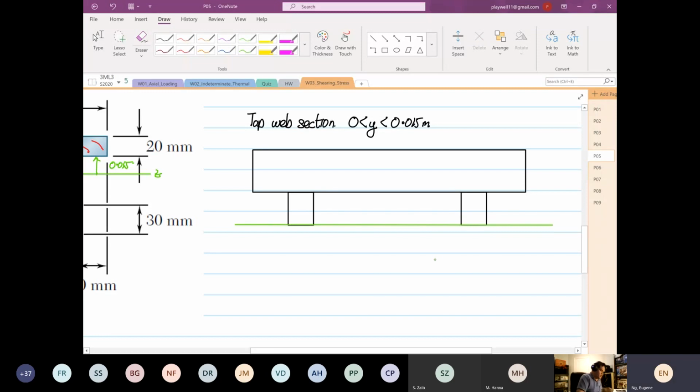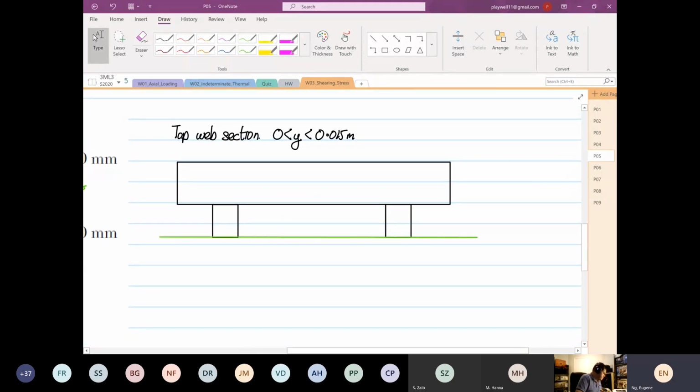Okay. So now our slider is over here now. So this is our Y, right? And then we have our Y bar somewhere around here, directly at the center.